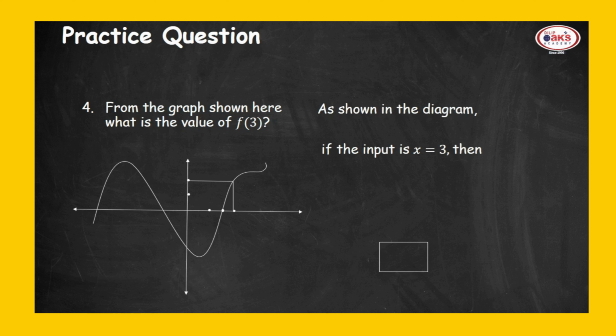So as we do that, if the input is 3, then the output will be f of 3, which is going to the height of 2 on this graph. Therefore, the final answer here is 2. And therefore we will submit 2 in the numeric entry box provided, and conclude this question successfully.